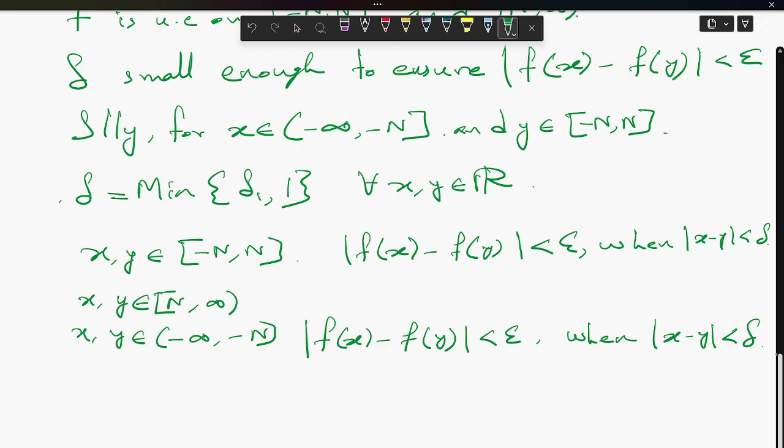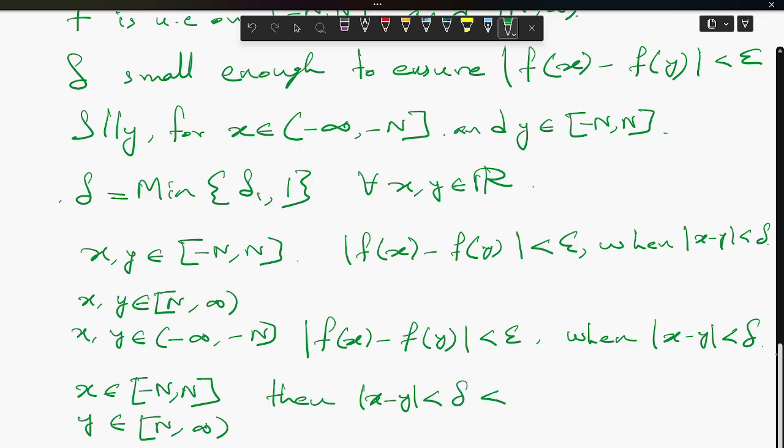So fine, so good. Now if our x is lying in the closed interval minus n to n and our y is lying in the closed interval n comma infinity, then mod of x minus y less than delta, less than or equal to 1, implies y belongs to n comma n plus 1.